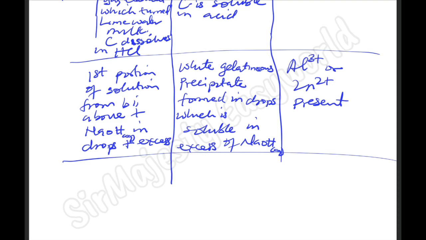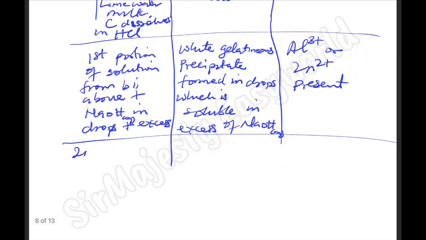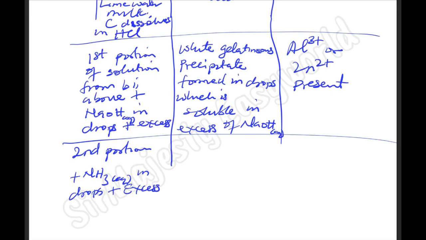Then now say second portion, the same grammar but this time around, plus aqueous ammonia in drops plus excess. Now still report exactly what is in this column.